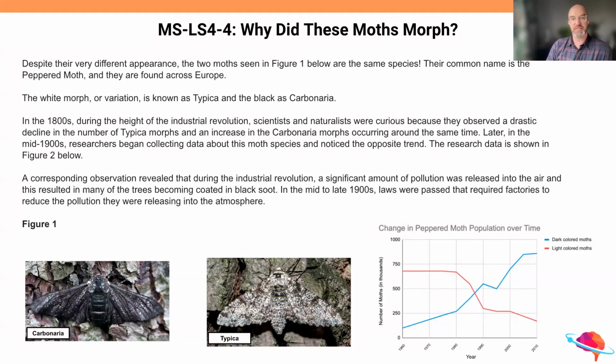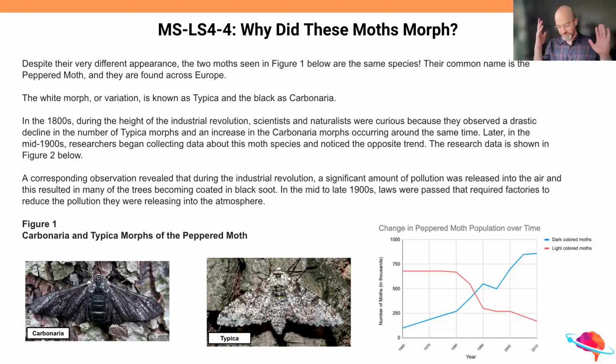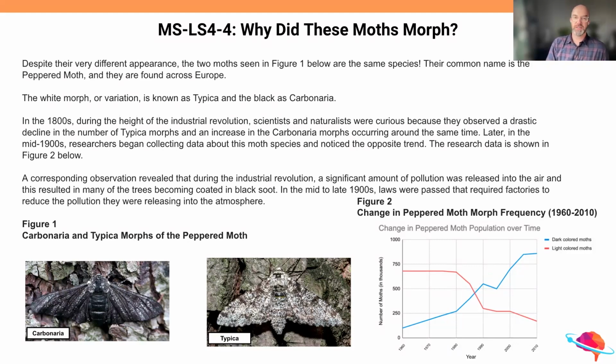What's really interesting is that these changes in peppered moths occurred during the Industrial Revolution. One of the reasons we think is that there were factories pumping out coal, and it literally changed the color of the trees. And so moths that had predominantly been lighter in color were now at an evolutionary disadvantage. There were more predators that were able to see them easier.